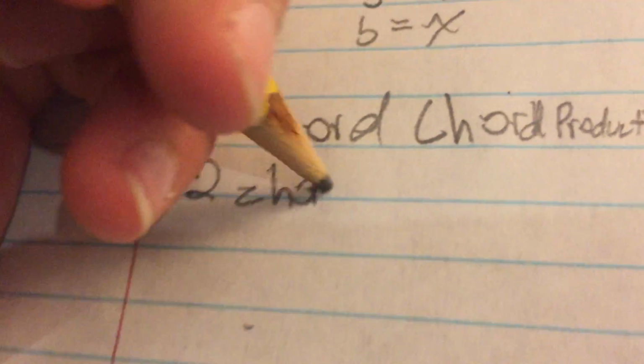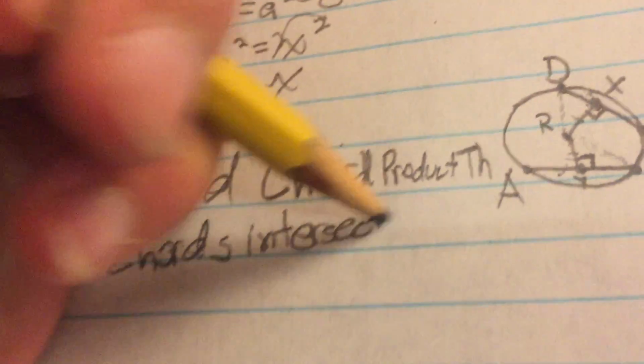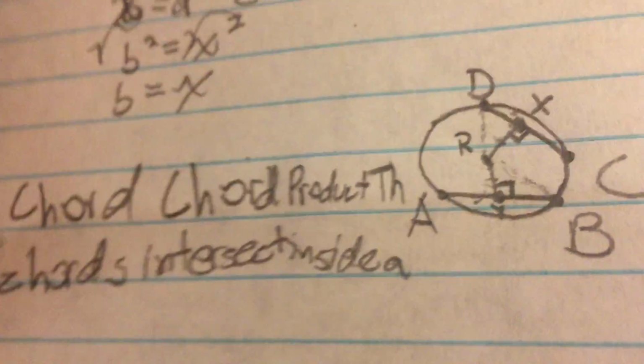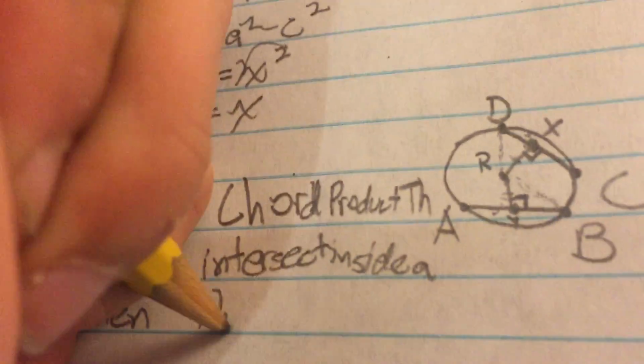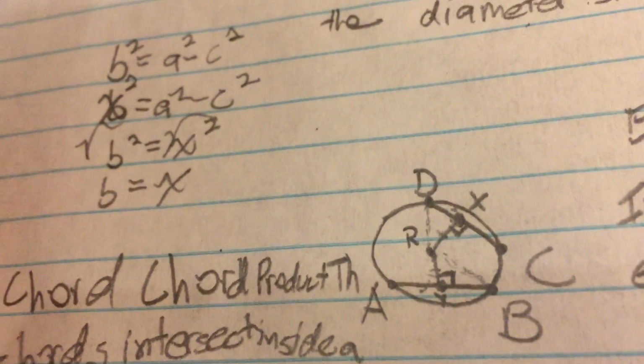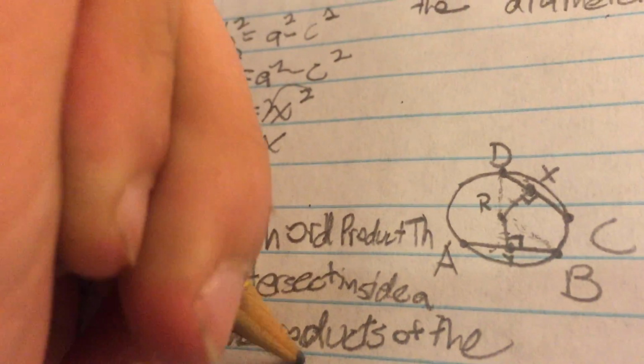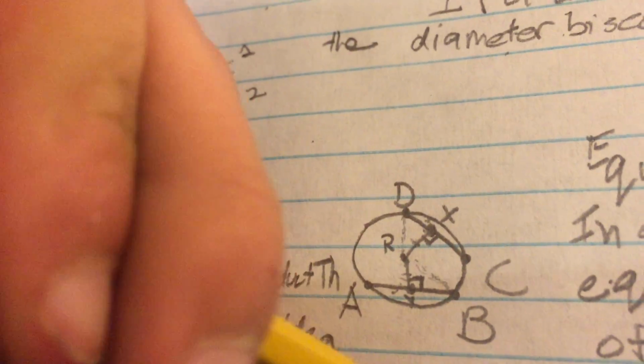Alright, if two chords intersect inside a circle, then the products of the lengths of the segments of the chords are equal.